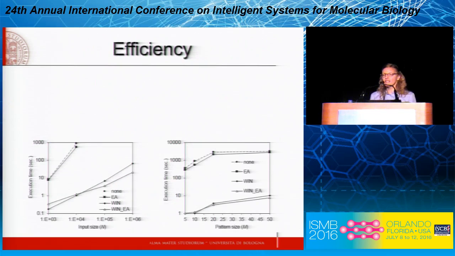For the efficiency, as I said, we simulated the data. In particular, I'm showing you the running time varying with the cardinality of the genomic track, which we call N, and with the cardinality of the pattern, which we call M. We split our algorithm into several pieces just to be able to measure the contribution of each optimization.